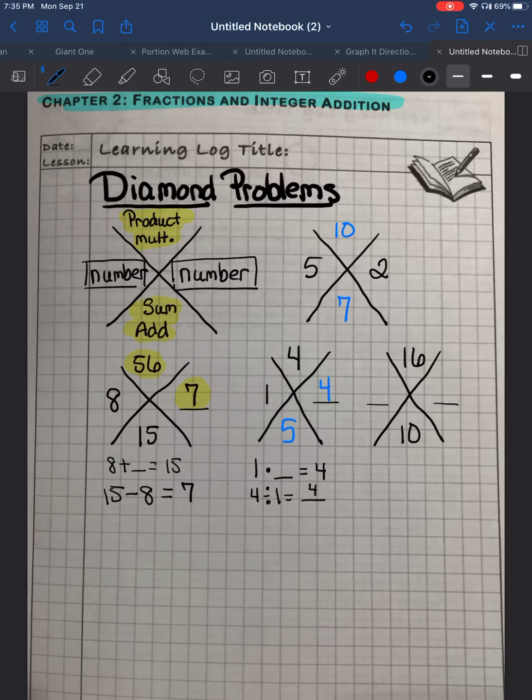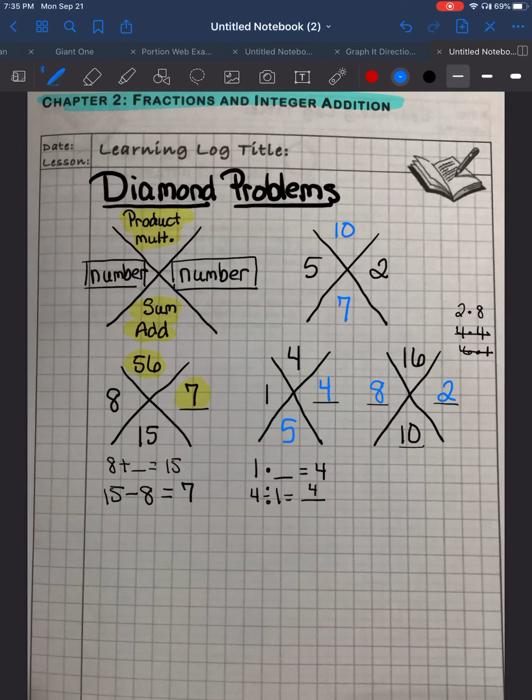So how do I get to 16? Well, 16, right? I'm going to make myself a little list over here. 16 is 2 times 8. 16 is 4 times 4. 16 is 16 times 1. What I need to figure out is which of those pairs also adds up to 10, right? Well, 16 plus 1 is 17. Nope. 4 plus 4 is 8. Nope. 8 plus 2, aha, is 10.